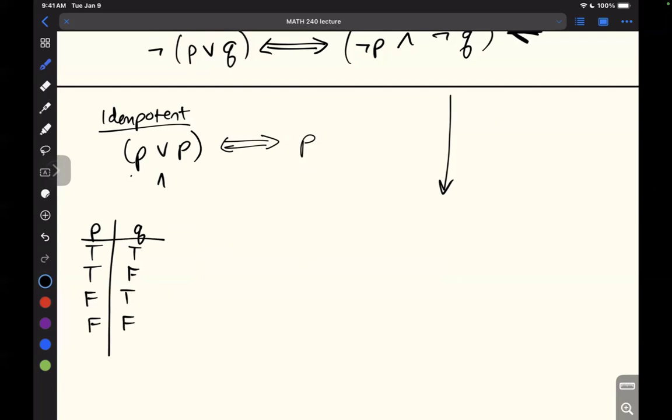And then we'll build up. So we can have P or Q. And this is true, true, true, and false.